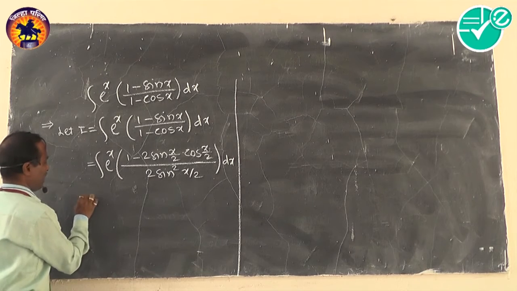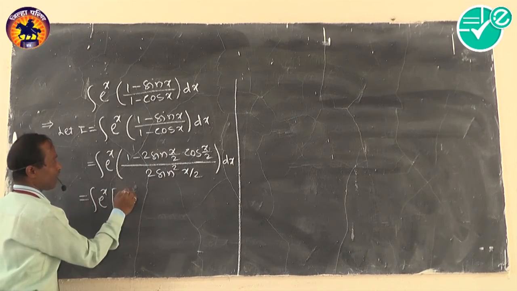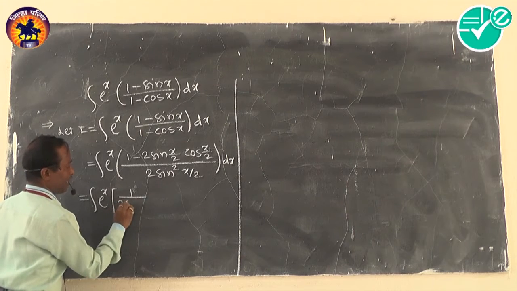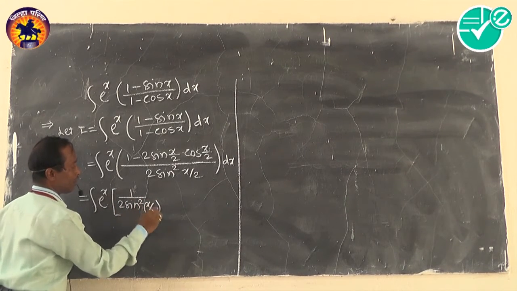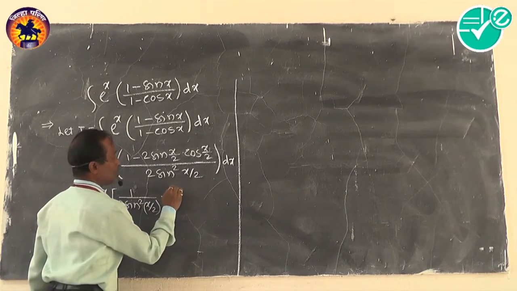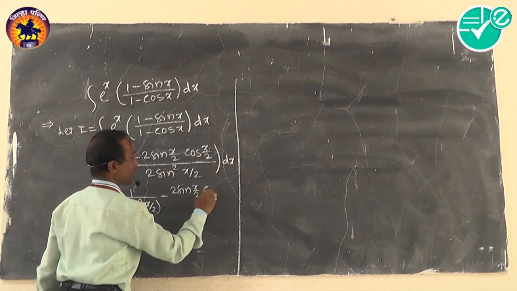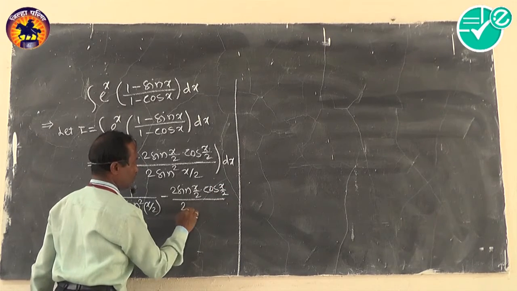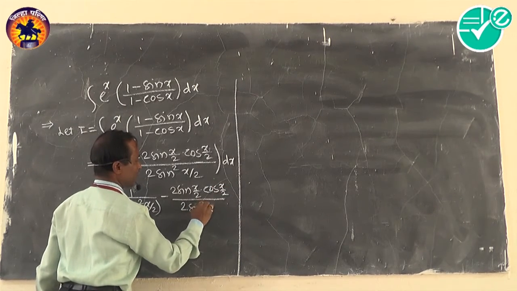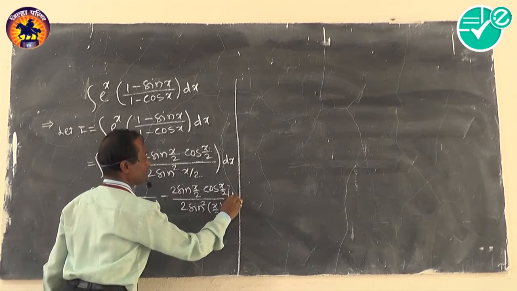Now separate the divide. Integral of e raised to x into (1 by 2 sin square x by 2 minus 2 sin x by 2 into cos x by 2 divide by 2 sin square x by 2) dx.